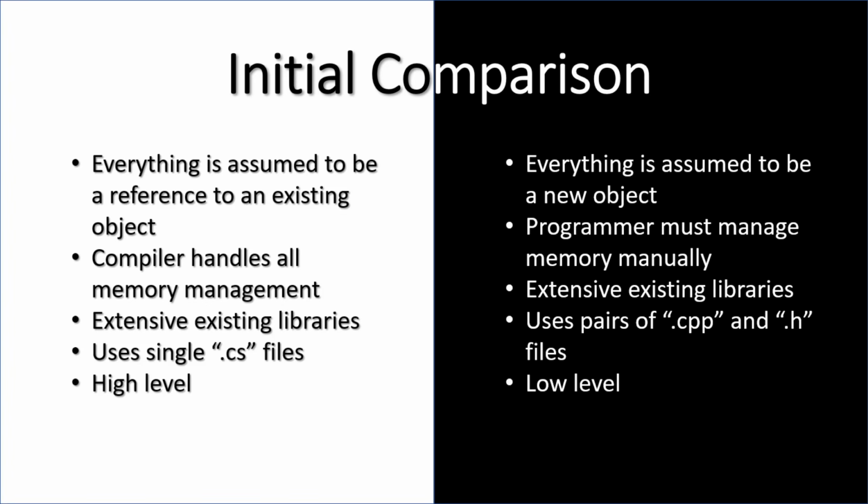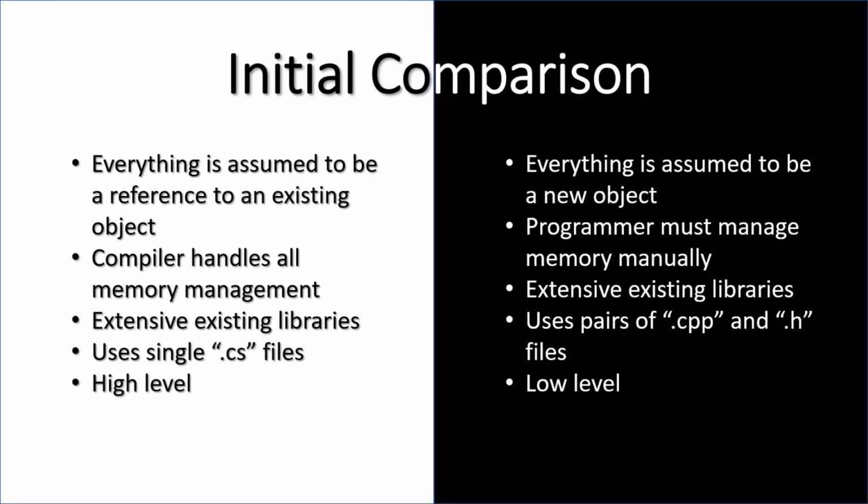Whereas the opposite is the case in C++, where everything is assumed to be a new object. Whenever you create a variable, or an instance of a class, it's always assumed to be brand new, which means that every time you create it, you are allotting new memory.